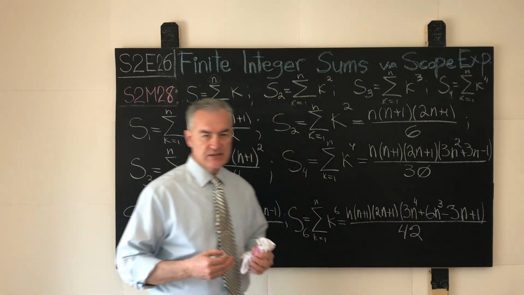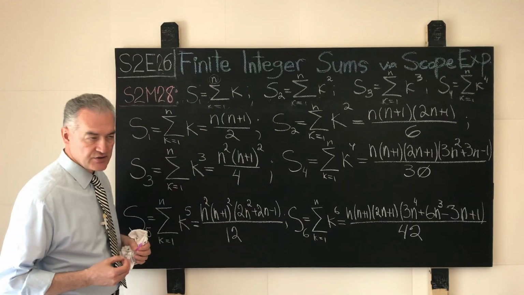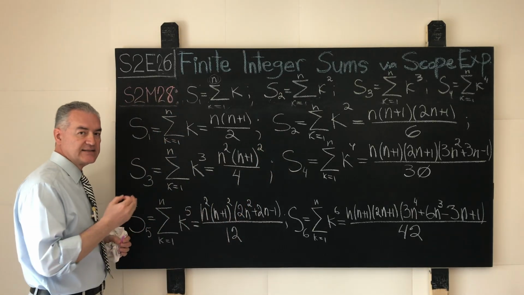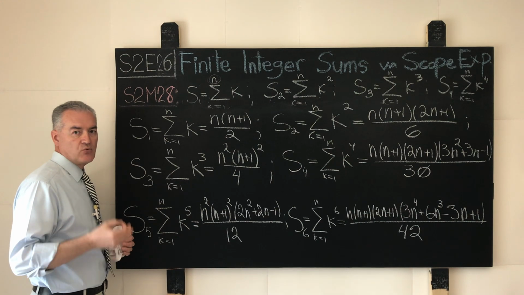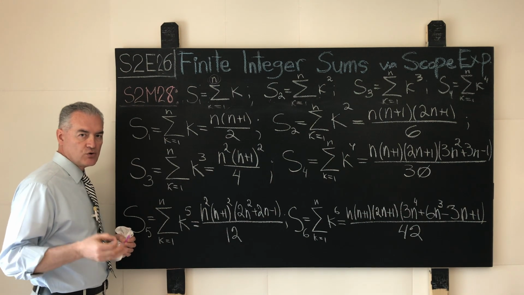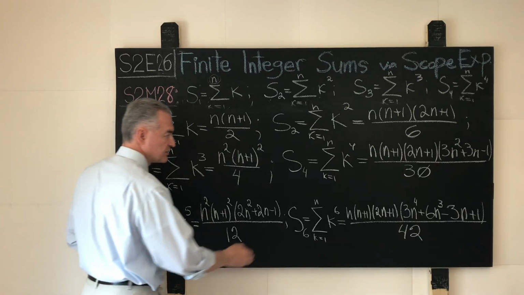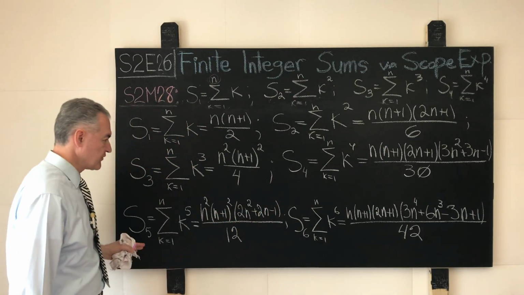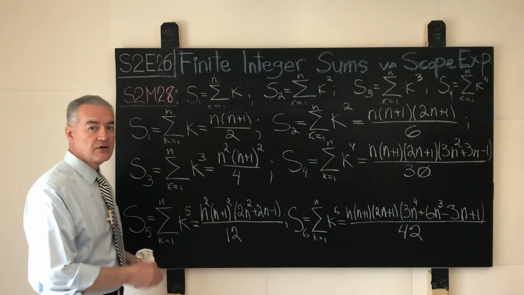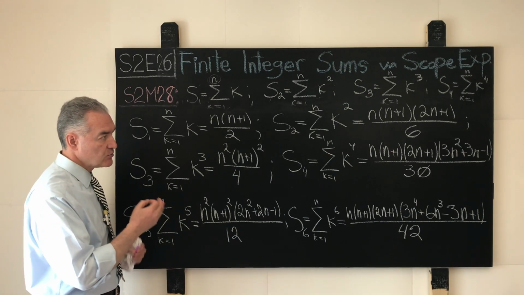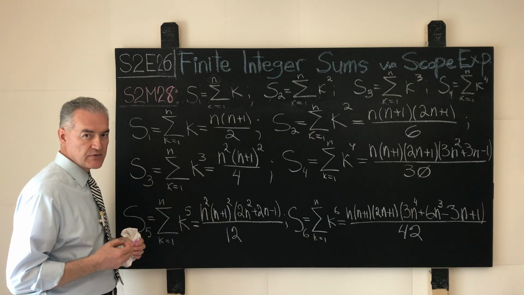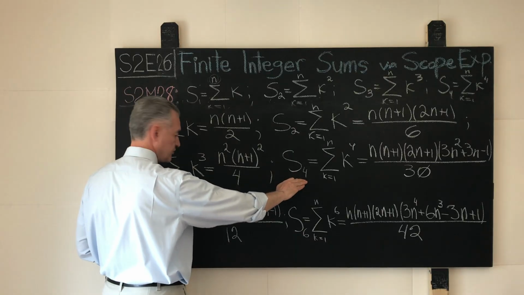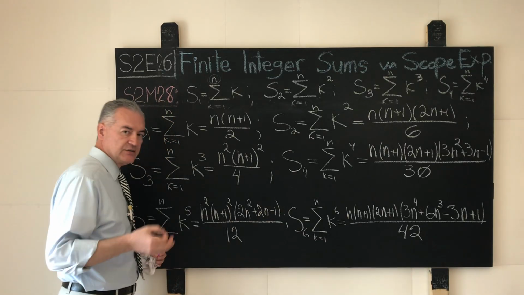In our specific case, the results that we obtained for the finite integer power sums S1, S2, and S3 represent the existing academic information, and we recommend as a good exercise that our viewers obtain similar results for the finite integer power sums S4, S5, and S6 on their own. I think that when I was applying the algorithm that I described at the beginning of this episode to the finite sums S4, S5, and S6, I did not make any mistakes.